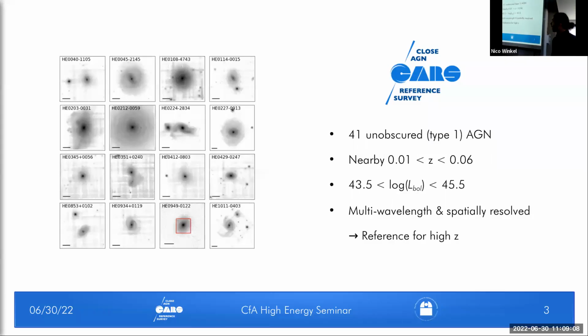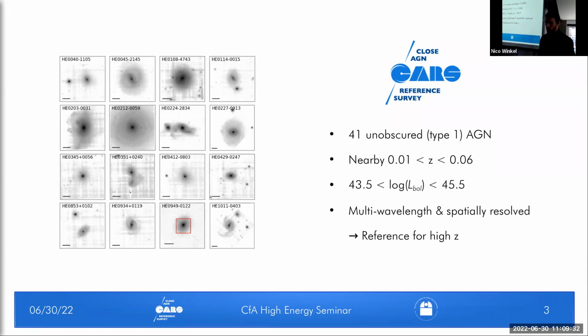And I'm a member of the Close AGN Reference Survey, where we have a nice sample of 40 unobscured, so type 1 quasars, where we have a view of the central engine, and that stretches out to a redshift of about 0.06, which means that we are probing a redshift range where we can still resolve the host galaxies.